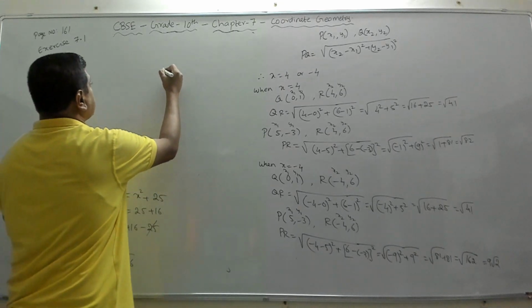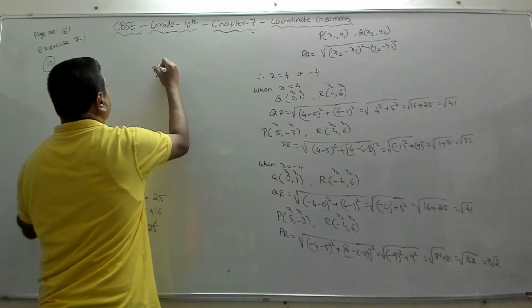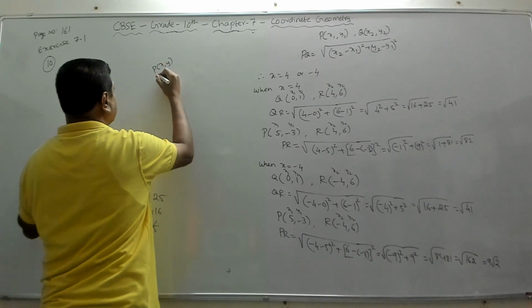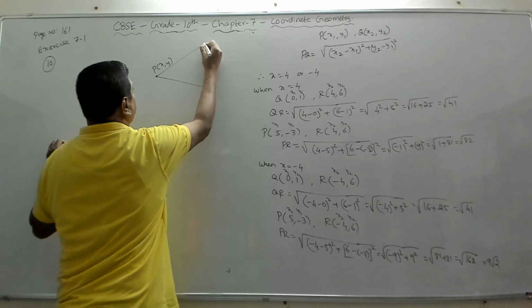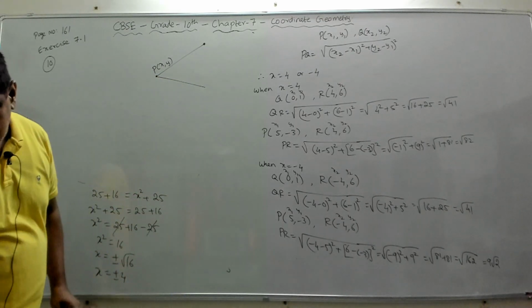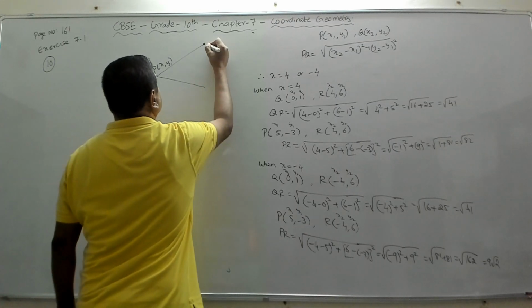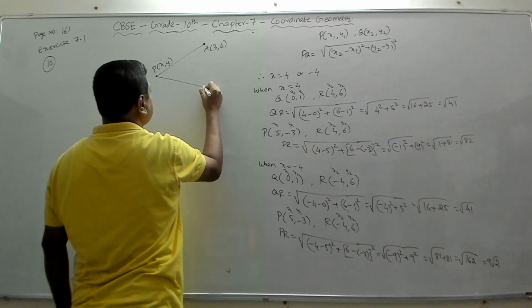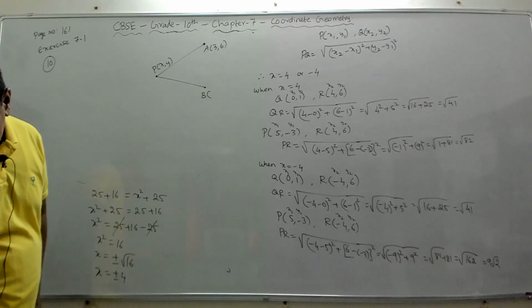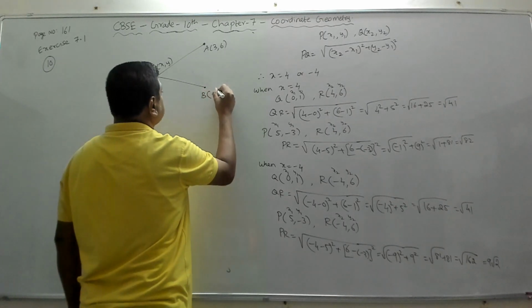So what is given is there is a point P(x, y) such that this point is equidistant from two other points. This point is A(3, 6), and suppose this is B(-3, 4).